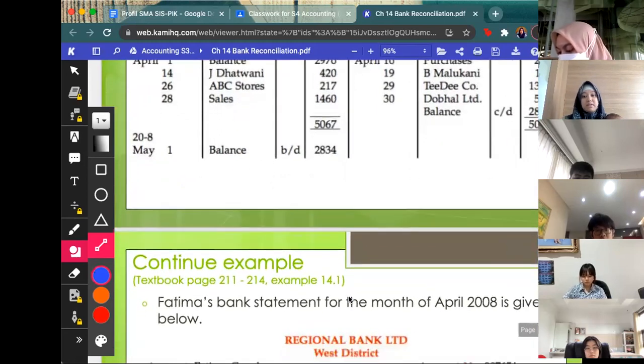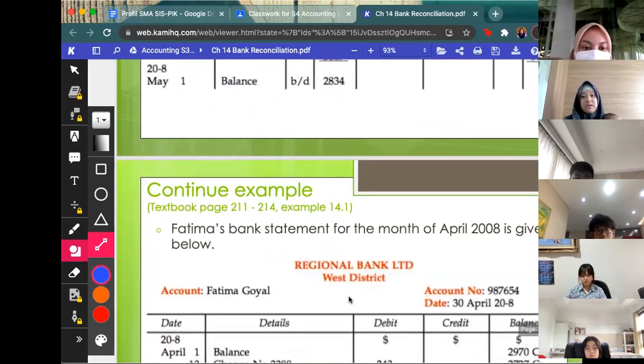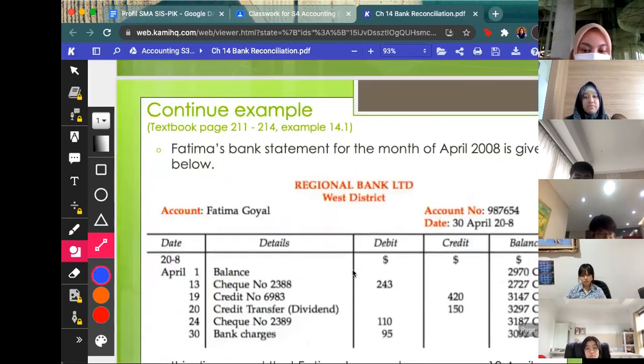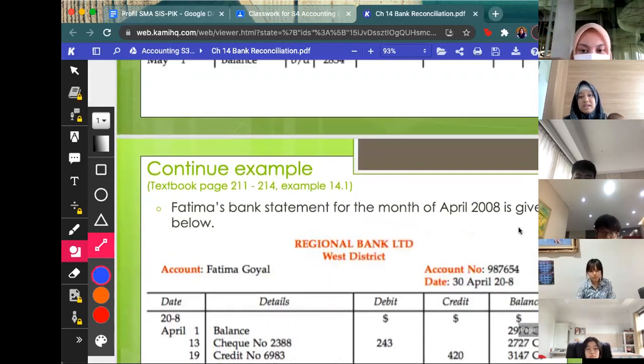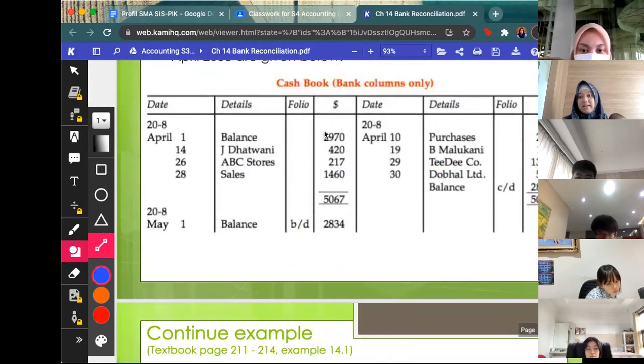Fatima's bank statement for the month of April is given below. Now we see the first one is the April 1 balance, which is 2,970 on the credit side. Remember, credit side in the bank statement is debit side in the cash book. Now we'll see if this amount is the same. Remember, credit to debit.